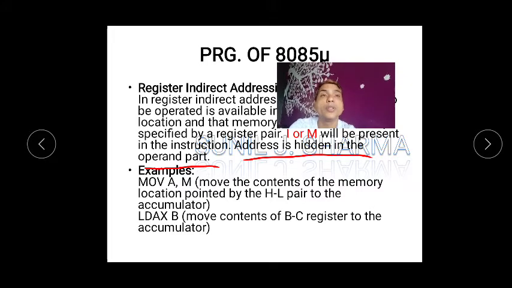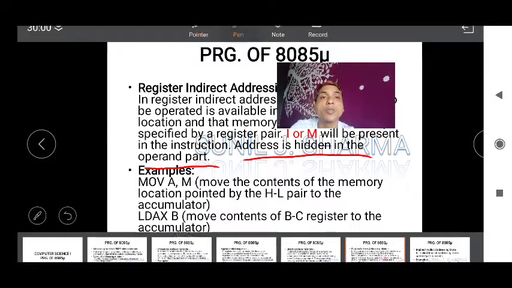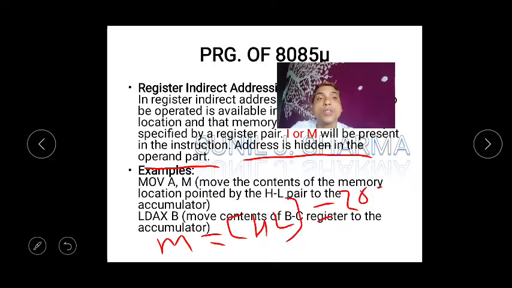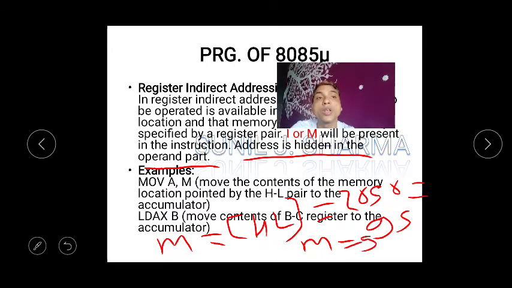For example, suppose the HL pair has some address like 2050, and at that address the value is 95. Ultimately M is also going to store 95. That is the meaning of this.